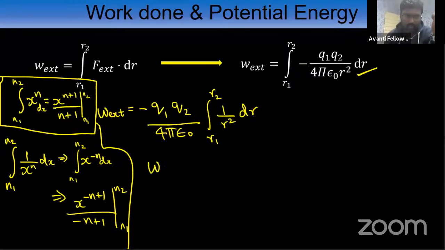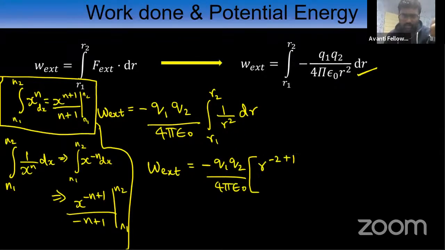So the external work done is given by W external is equal to minus Q1 Q2 by 4 pi epsilon naught into, integrating 1 by r square, which is r power minus 2, that is r power minus 2 plus 1 by minus 2 plus 1, from R1 to R2.